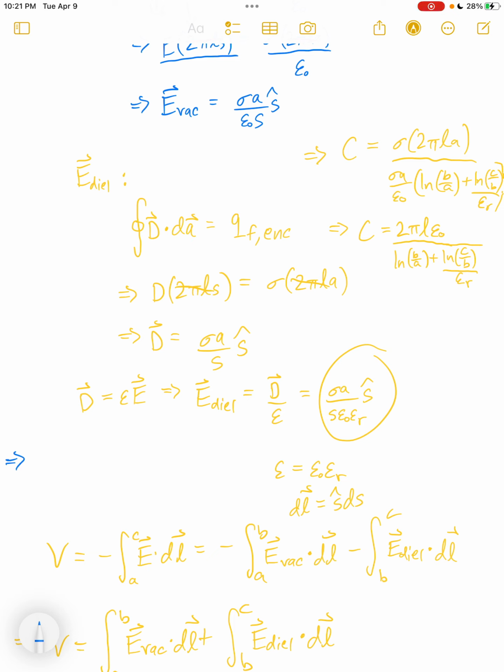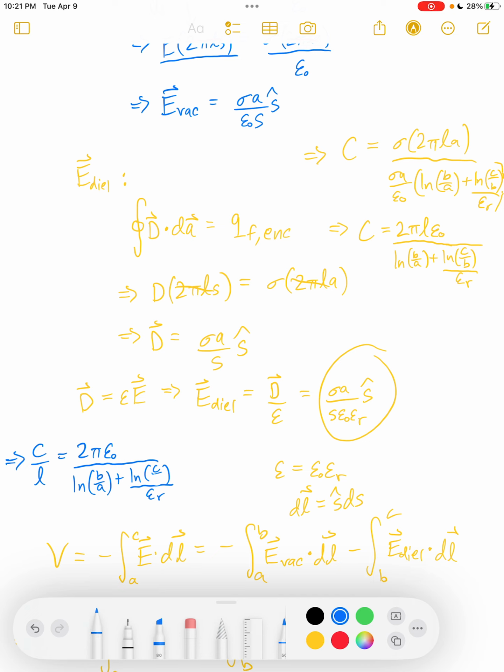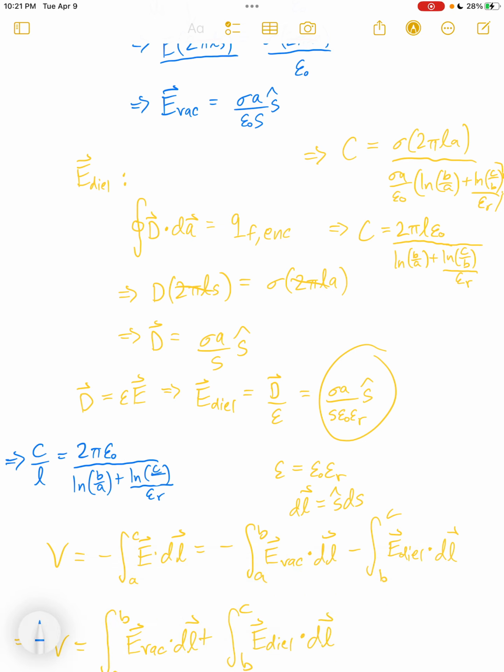We just found the capacitance, so the capacitance per unit length is as follows. 2 pi epsilon 0, the L goes away because it cancels out, over ln of B over A plus ln of C over B over epsilon sub r. And I want to make this B a little bit neater. All right, this is our answer. That's it. Hope you enjoyed this solution.